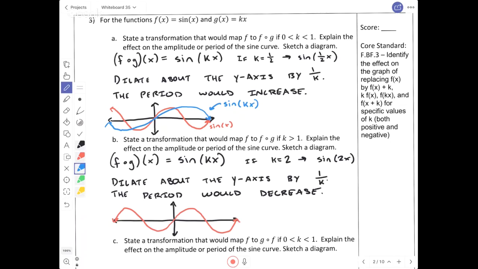And if the period decreased, it would look something like that, and that. Cool. So there in red is sine of x, and in blue is sine of kx.